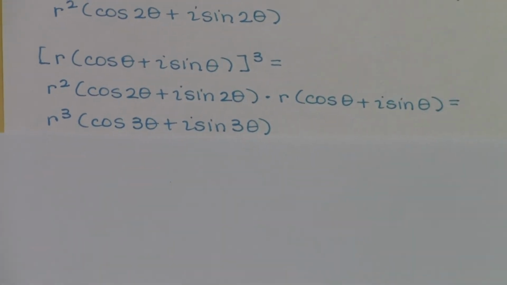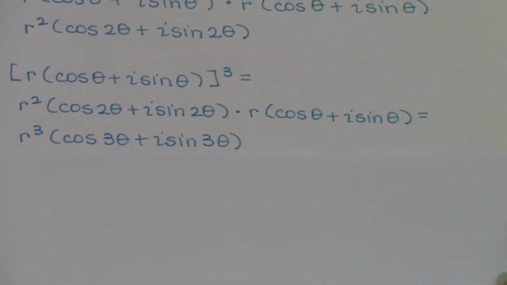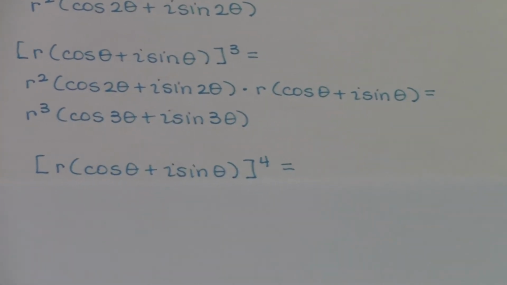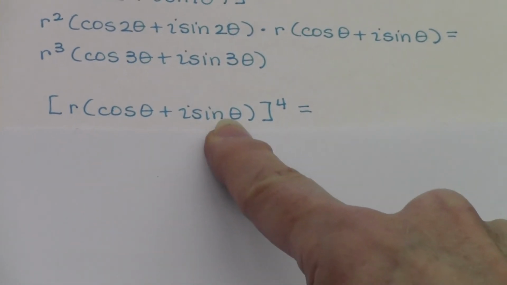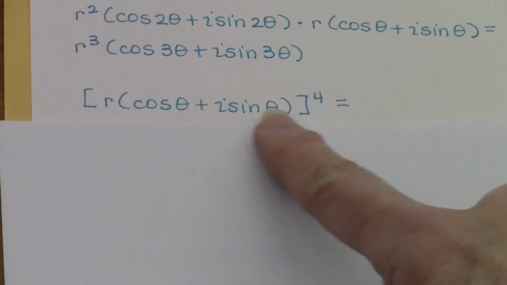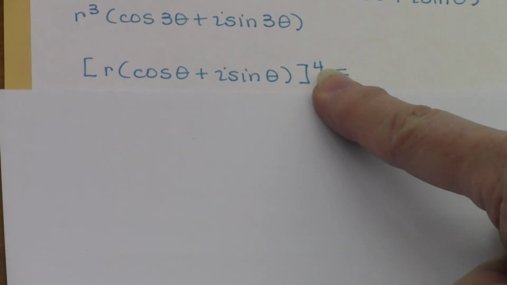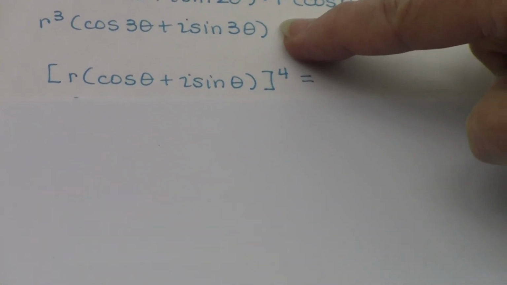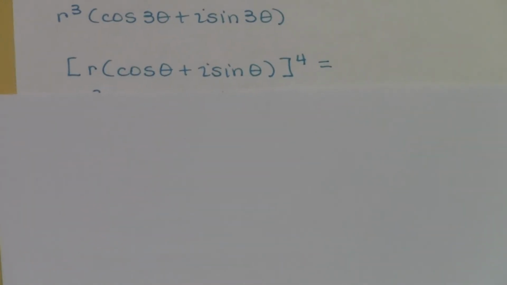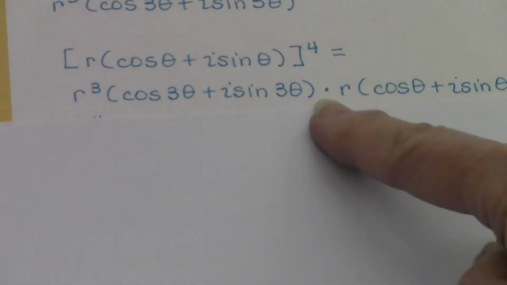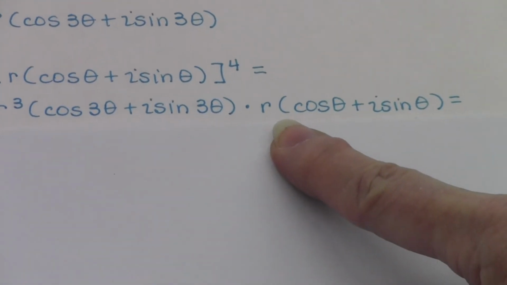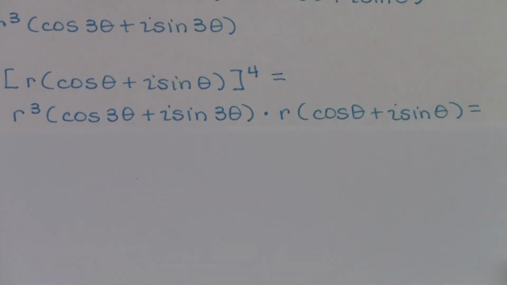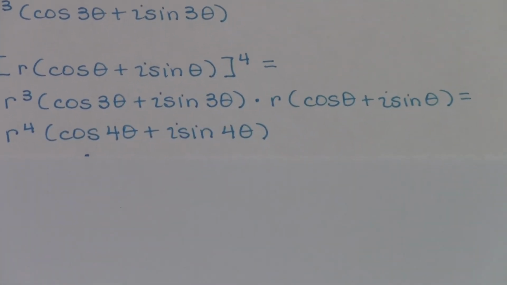So you're probably already noticing a pattern. I'll do it one more time. I'll do the fourth power and then we'll generalize. So this complex number, r cosine theta plus i sine theta, to the fourth power, is equal to what came before, the third power, times another r cosine theta plus i sine theta. Multiply the r values, you get r to the fourth. Add the angles, you get 4 theta.